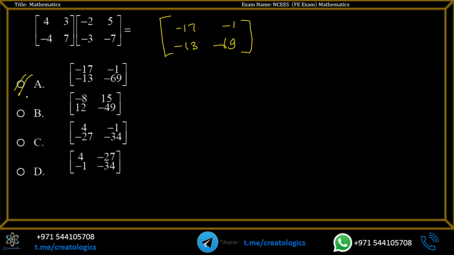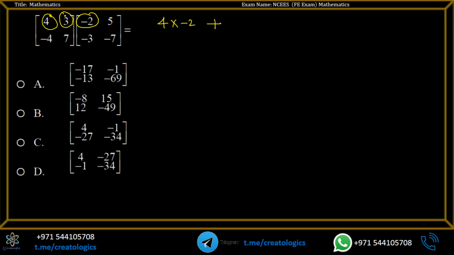Or if you want the long method, you can go for matrix multiplication, which is done by row column method. So first row element, first column element, multiply these and you will get your answer. So 4 times -2, then plus 3 times -3. Solve these, you will get your answer for the first element. This is the first element.